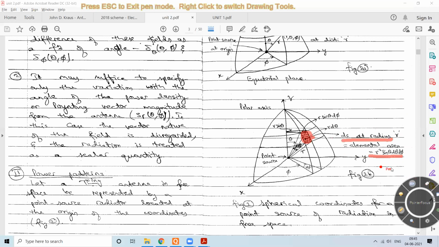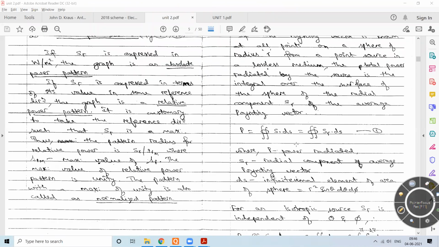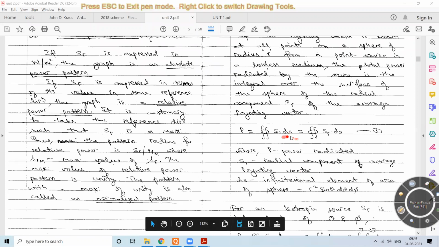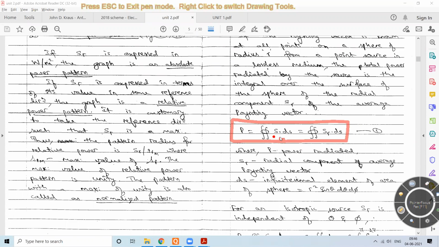You can look over that session to see how ds is obtained. So this is the power theorem specified in terms of power density.